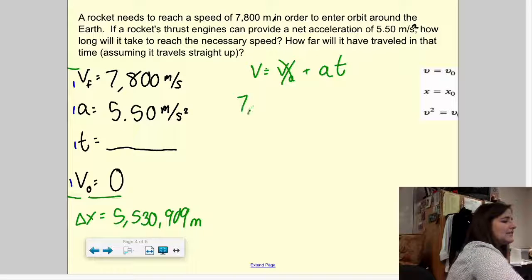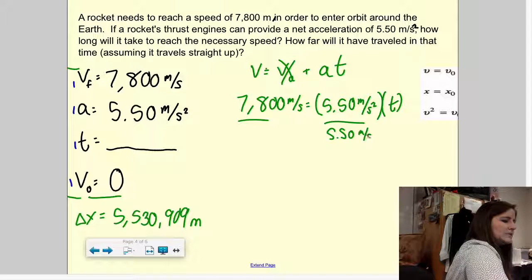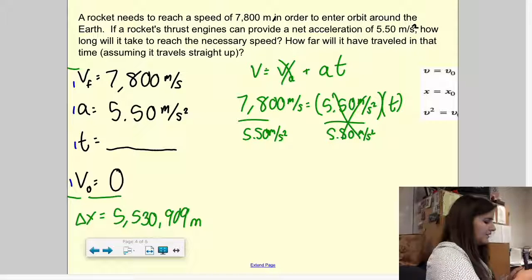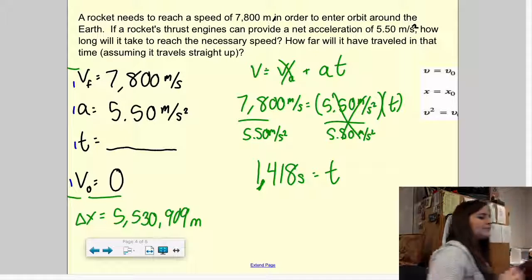V final is 7,800 meters per second equals our acceleration, 5.50 meters per second squared, times time. Divide by 5.50 meters per second squared. Plug it into your calculator, and you get 1,418 seconds equals time.